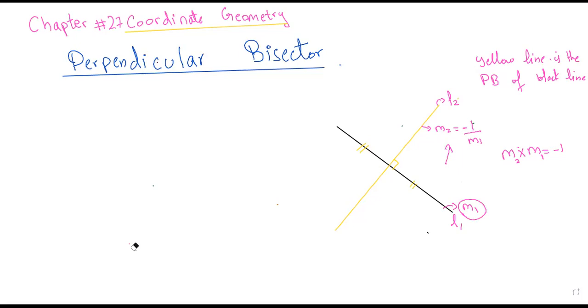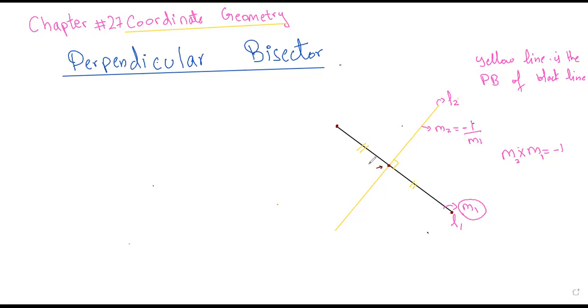First thing. The second thing is that you know a point that is lying on L2, and that point is this point. Basically, you would be given the two endpoints of L1. So using the midpoint formula, you would be able to calculate this. The midpoint of the black line is lying on the yellow line as well. It is not necessarily the midpoint of the yellow line.